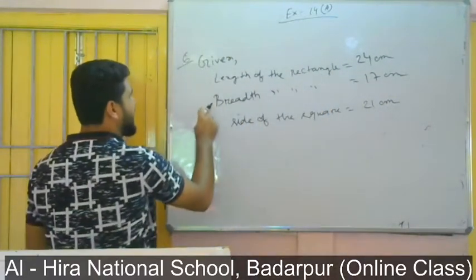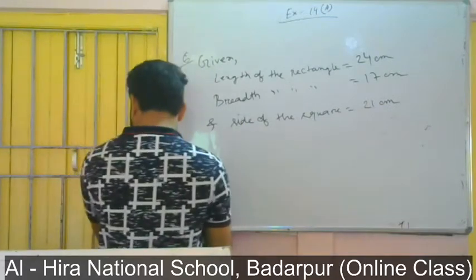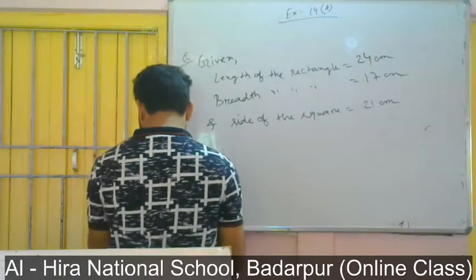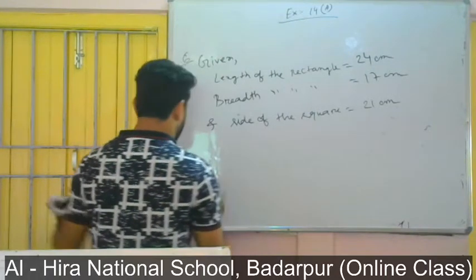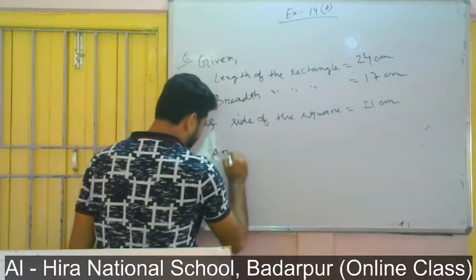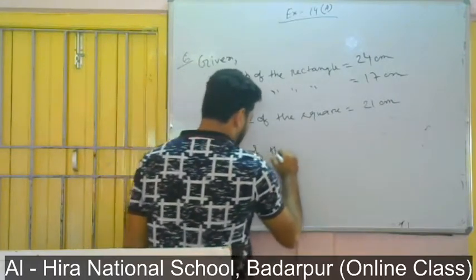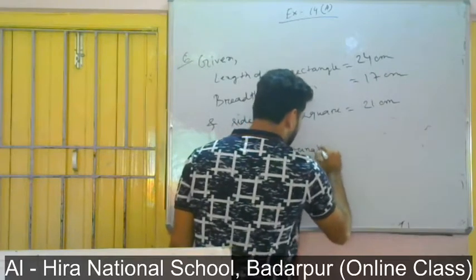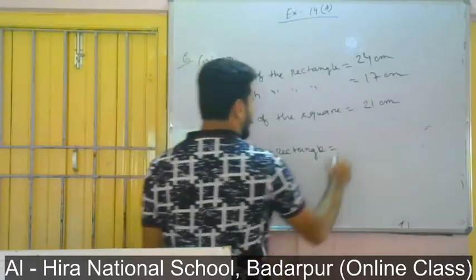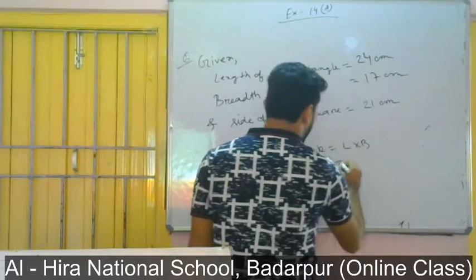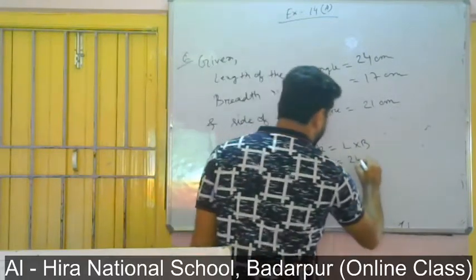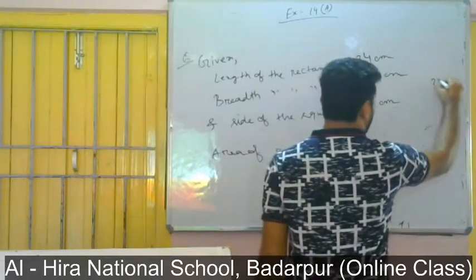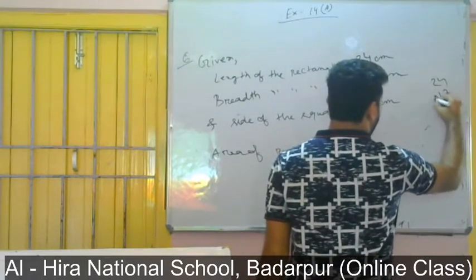So using length and breadth we will calculate the area of the rectangle. So write therefore area of rectangle will be length into breadth. So 24 into 17. Okay. So multiply 24, 17.